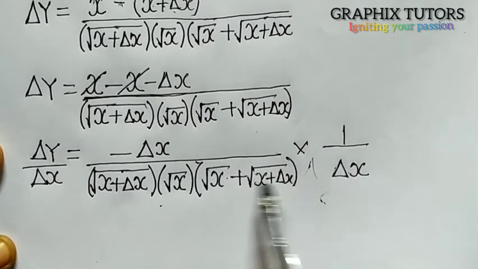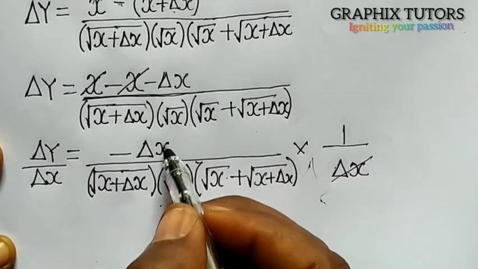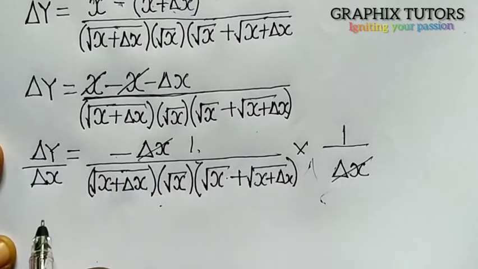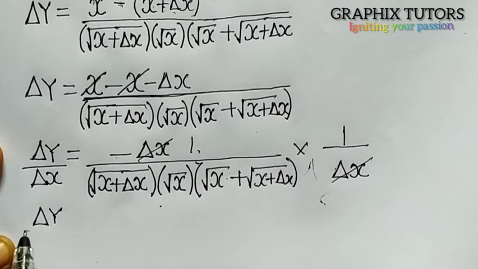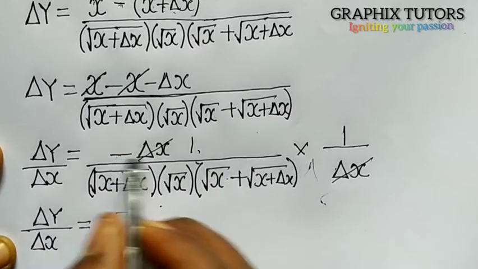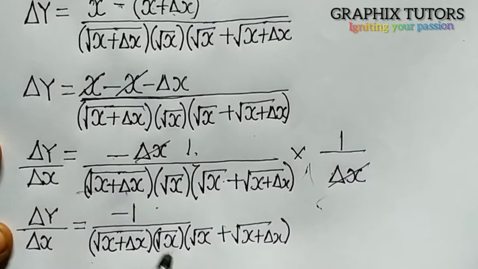Because this times this and this times this is the same. So delta x will equate delta x, remaining 1 here, which is minus 1. So we'll be left with delta y all over delta x equals minus 1 all over whatever we have down here, which is this. Now that's what we're having.